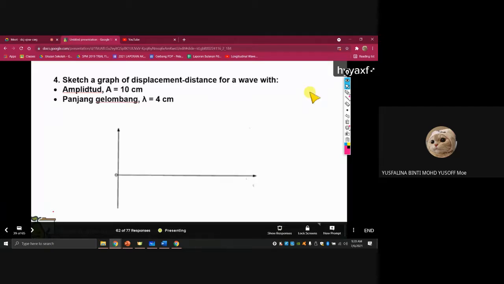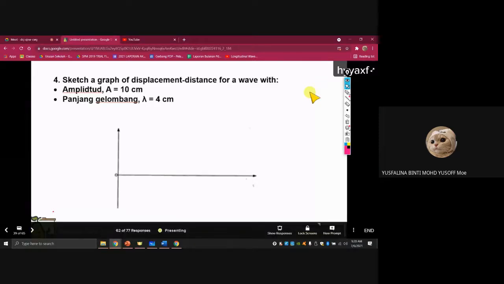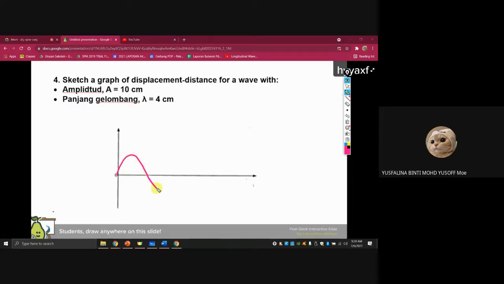Alright, so it says here: sketch a graph of displacement against distance for a wave with amplitude A of 10 cm. So the crest is 10 cm. Let me draw the wave first. So this is 10 cm, this is the displacement and this is the distance.